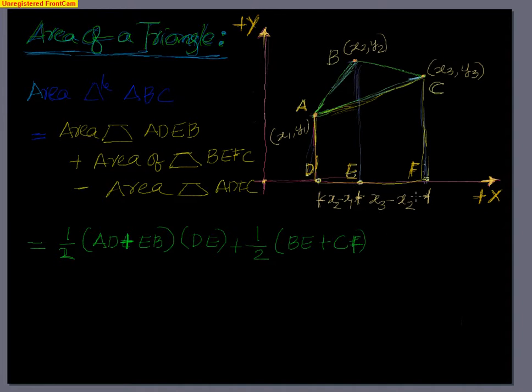So I will say EF, minus half into AD plus CF into DF. Now this is interesting.